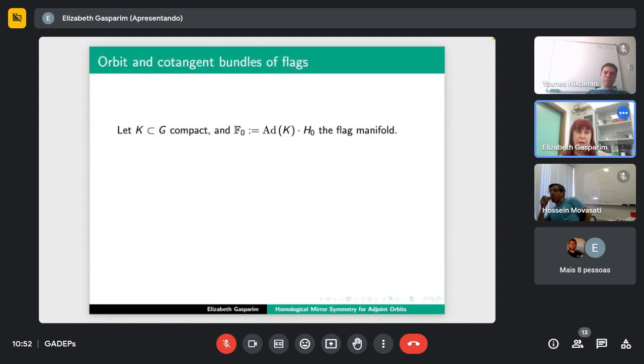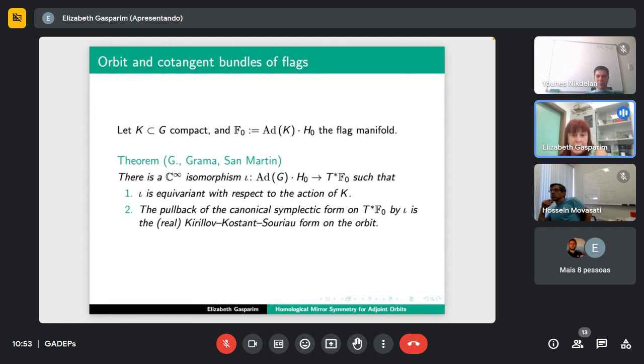And now, how does it look topologically? Instead of acting with the group G, I can act with a compact part of it. That will give me a flag manifold, a compact manifold. And what happens is that the adjoint orbit has the same real isomorphism type as the cotangent bundle of the flag manifold. Not symplectically, but as a real manifold, it looks like a cotangent bundle of the flag manifold.